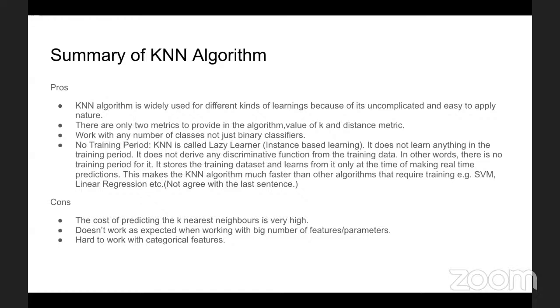So some say it makes the KNN algorithm faster. I don't agree with that, because with this model, you still have to calculate for each testing entry its nearest neighbors, right? With logistic regression or linear regression, you have the model, you have the formula, and you just need to calculate the formula instead of calculating all the neighbors around it.